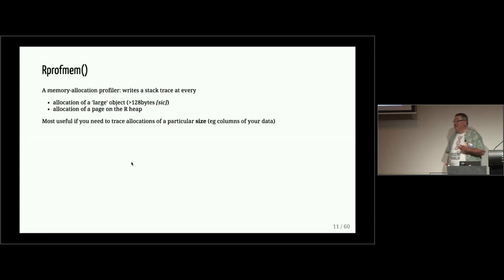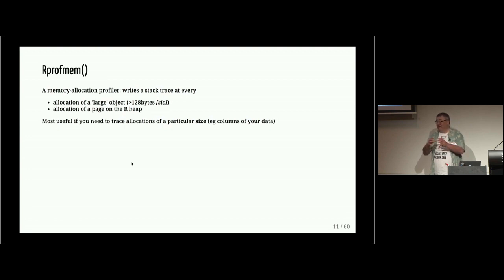Rprofmem is a memory allocation profiler. So it writes out information to disk every time memory is allocated. There's two parts to that. Internally in R, there's two sorts of memory allocations.